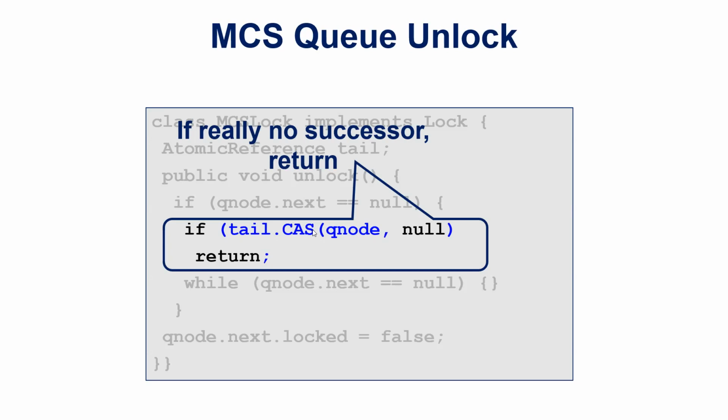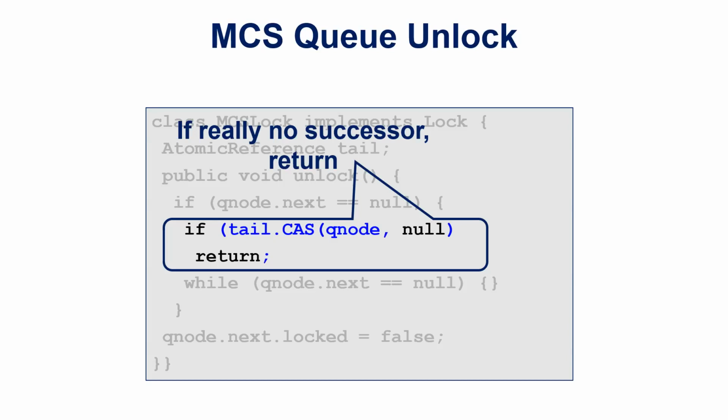So here what it does is it checks if the current value of the tail equals qnode, meaning if the tail is pointing to the current qnode, then it indicates that it is the last thread in that particular queue. So that's why we are checking. What tail.compareAndSet(qnode, null) is doing is it checks if the current value of the tail is equal to qnode.